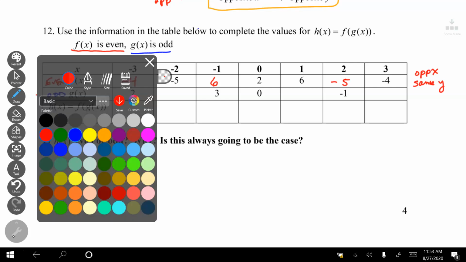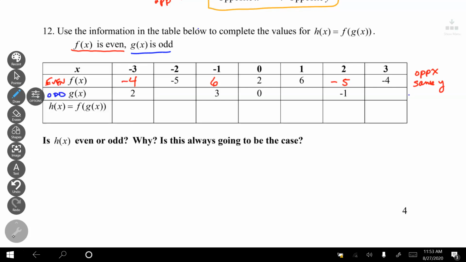As opposed to odd, which is opposite x, opposite y. Negative 1 has a y of 3, so positive 1 has a y of negative 3. Then 2, negative 1, negative 2, positive 1, and then negative 3, 2 gives me positive 3, negative 2.